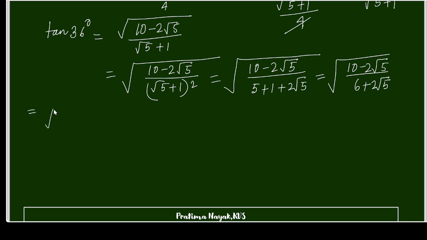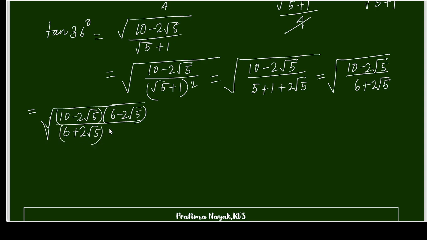So for this, I'll go for 10 minus 2 root 5 whole into 6 minus 2 root 5, and in the denominator 6 plus 2 root 5 into 6 minus 2 root 5. Let us multiply the numerator.